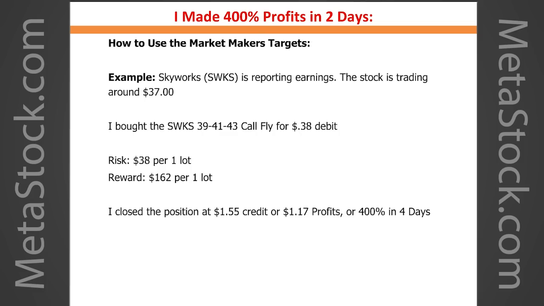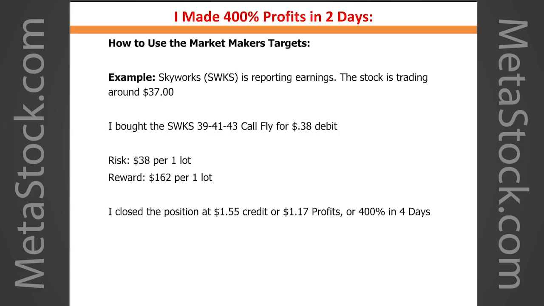My risk on this trade was $38 per one lot. My reward on this trade, in theory, if the stock closes right at 41, which is exactly our measured move target, it would be worth $2 minus the $38 that I paid for it, or $162 profit.